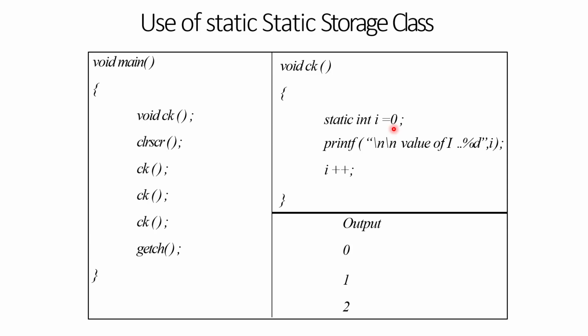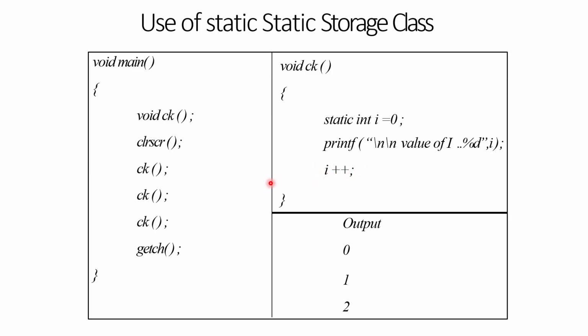Rather, you can assume that this particular declaration will get skipped, and this printf will get executed, where you will get the previously updated value of I, that is 1, and then it will get updated to 2.